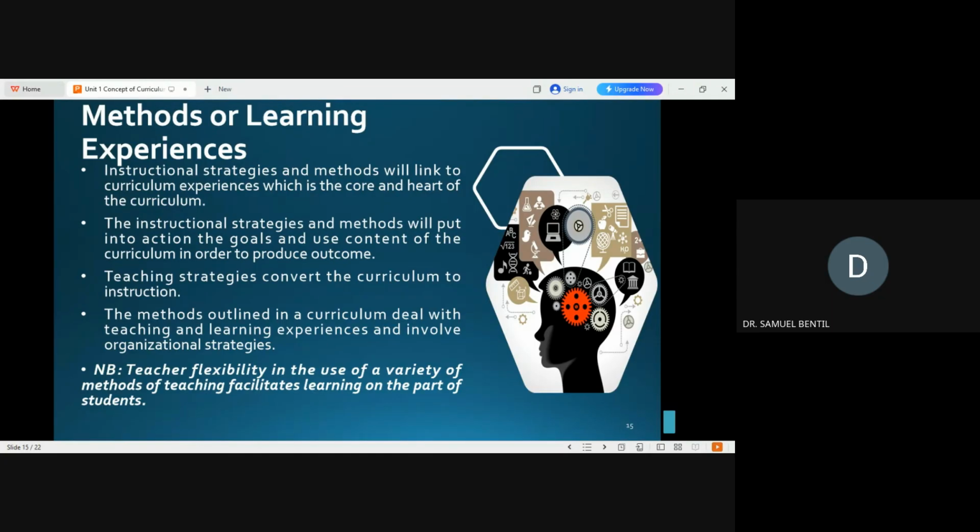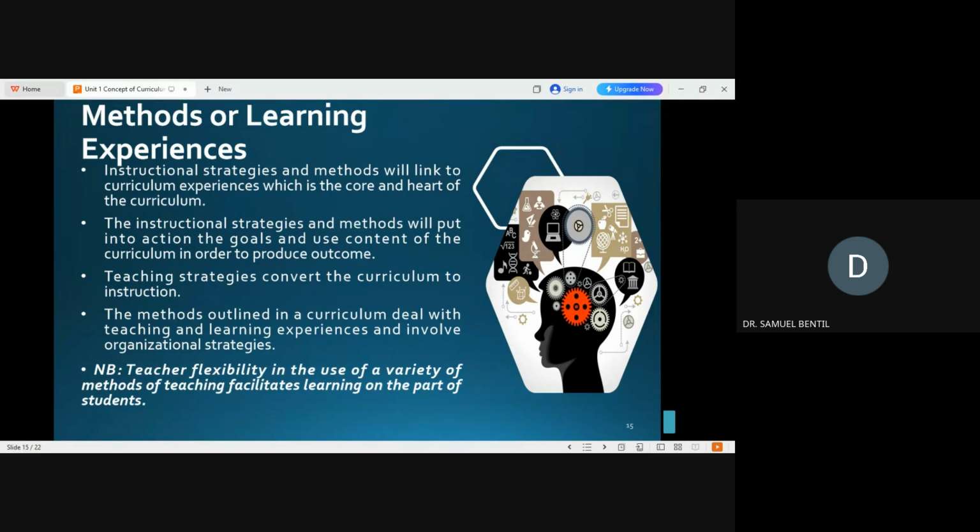So what I'm engaging with you, the online discussion, according to Tyler, is an example of a learning experience, where I am interacting with you online. You are also sharing your bit of information, I'm also adding up. According to Tyler, it's a learning experience. There is also the interaction between the learner and his peers. I'm sure at a point you do group discussion among yourselves, peer learning and all those things, examples of learning experience.